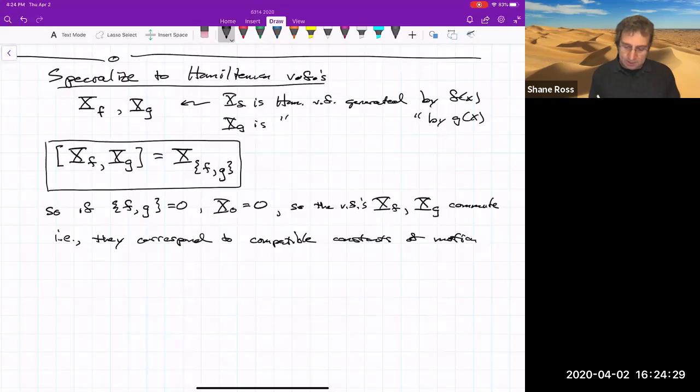What it means is that F equals a constant describes a codimension 1 surface in the phase space.